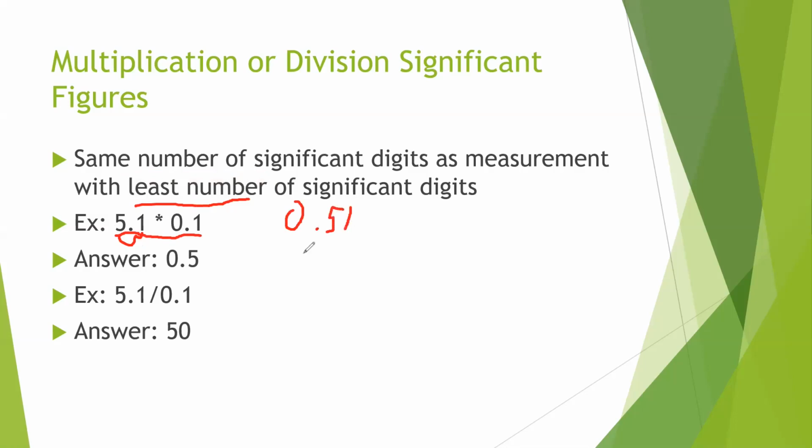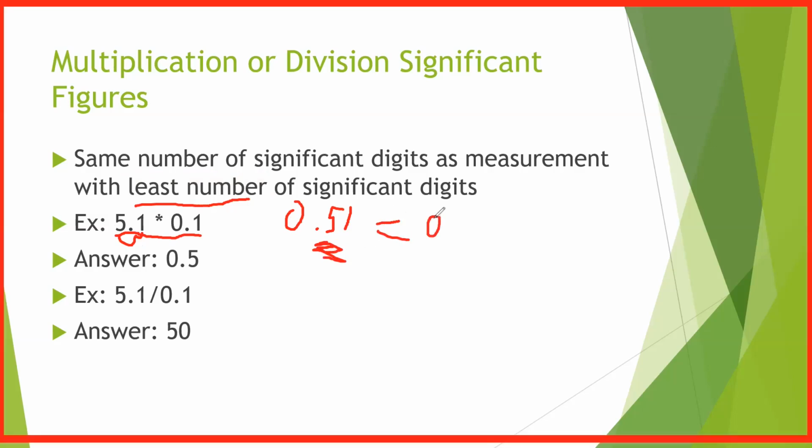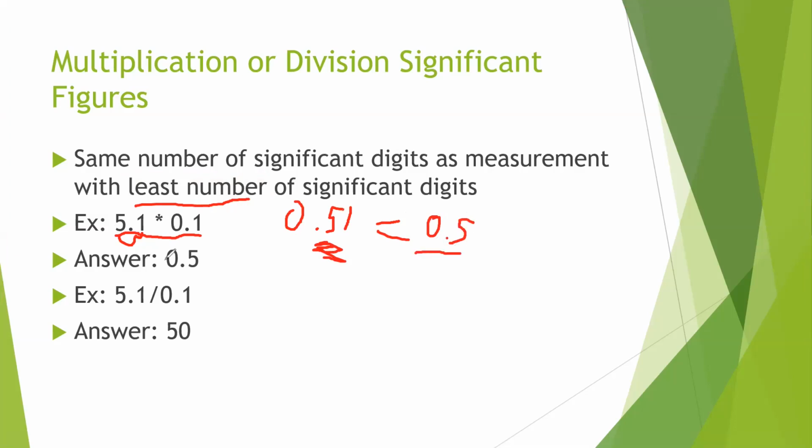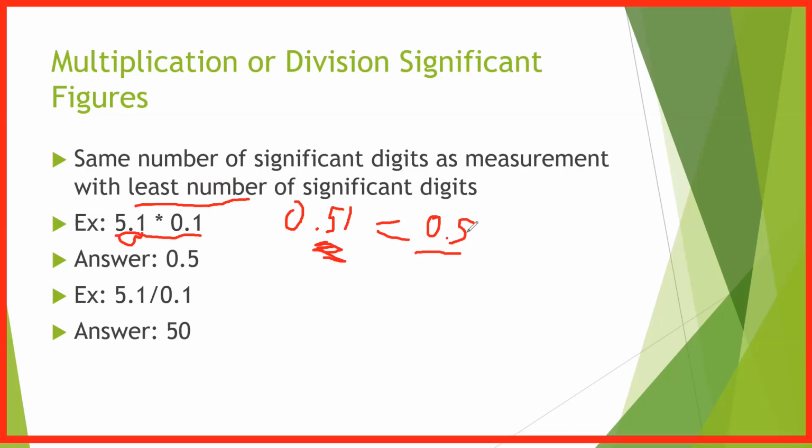You take the whole thing, and then you round it to 1 significant digit. In this case, that is this digit right over here. So you report your answer as 0.5. Note that if you report your answer as 0.51, that would be incorrect in chemistry since we have to do the least number of significant digits.